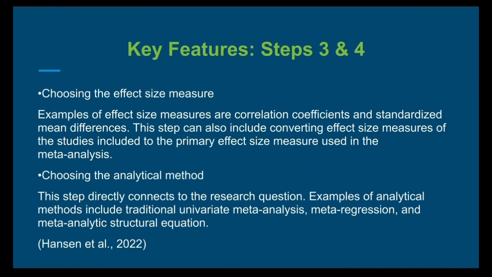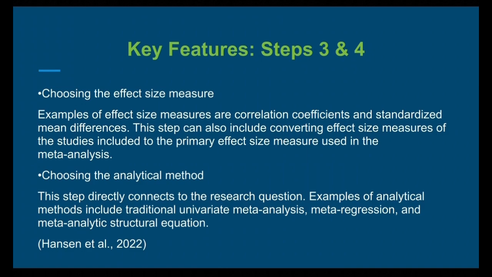An example of an effect size measure would be correlation coefficient. This step can also include having to convert the effect size measurements of studies that are being used to match up with the effect size measure that is being used for the entire meta-analysis. Now, deciding the analytical method, this directly ties back to the research question.